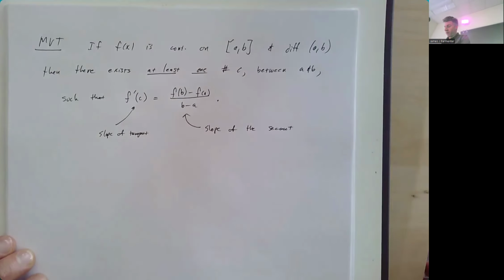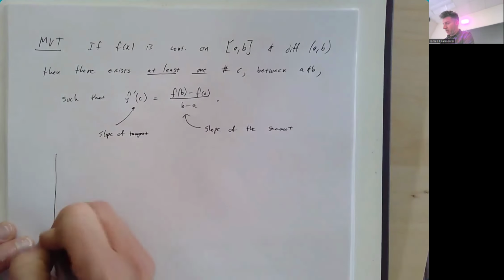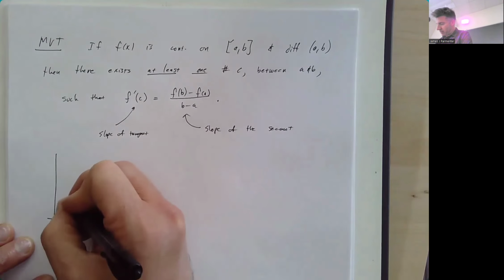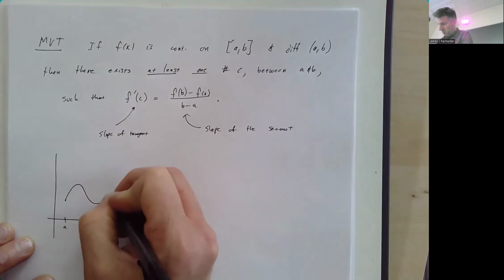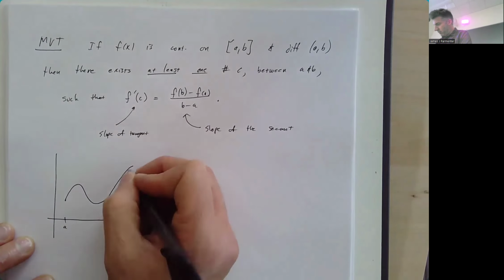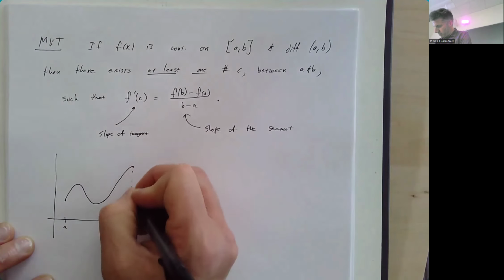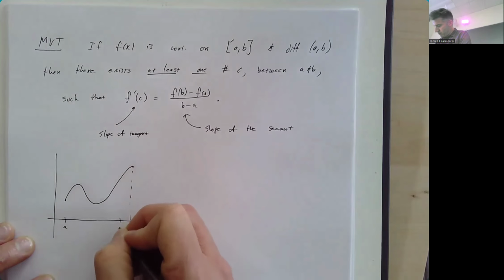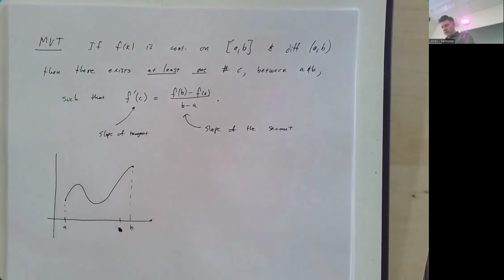And the drawing we often draw to exemplify this goes from some A to some B. Maybe the function is doing something like this. Sorry, I overshot my B. And so what we're saying is somewhere between A and B, there is at least one point where the slope of the tangent line is the same as the slope of the secant line that I'm about to draw.